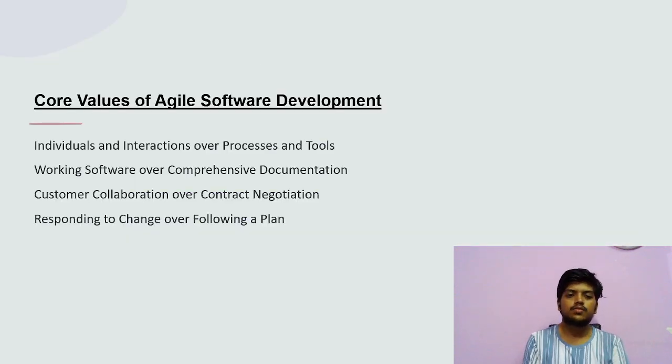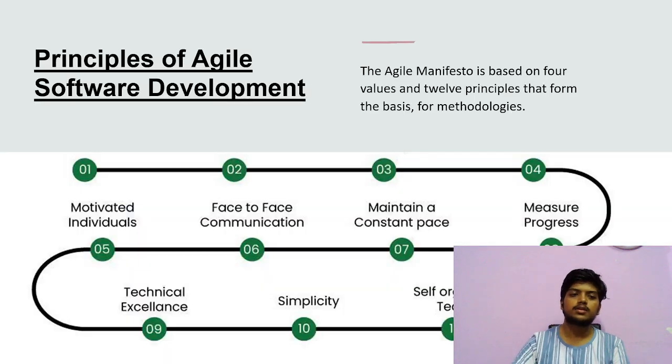Core values of Agile software development: individuals and interactions over processes and tools, working software over comprehensive documentation, customer collaboration over contract negotiation, responding to change over following a plan.